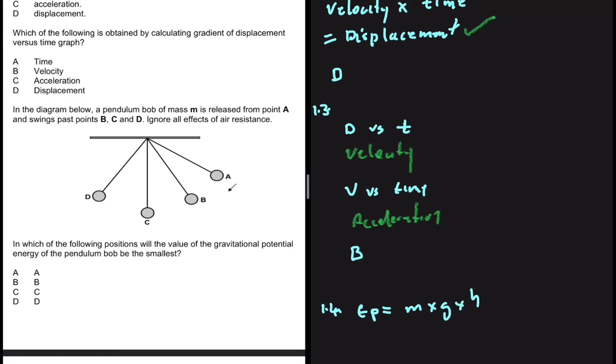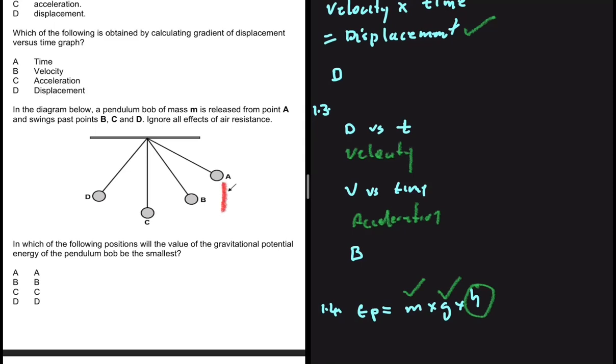The mass is going to remain the same, obviously. Gravity is going to remain the same. So we're interested in the height. The smallest height will give you the smallest gravitational potential energy. So let's find out at which point our height is the smallest.